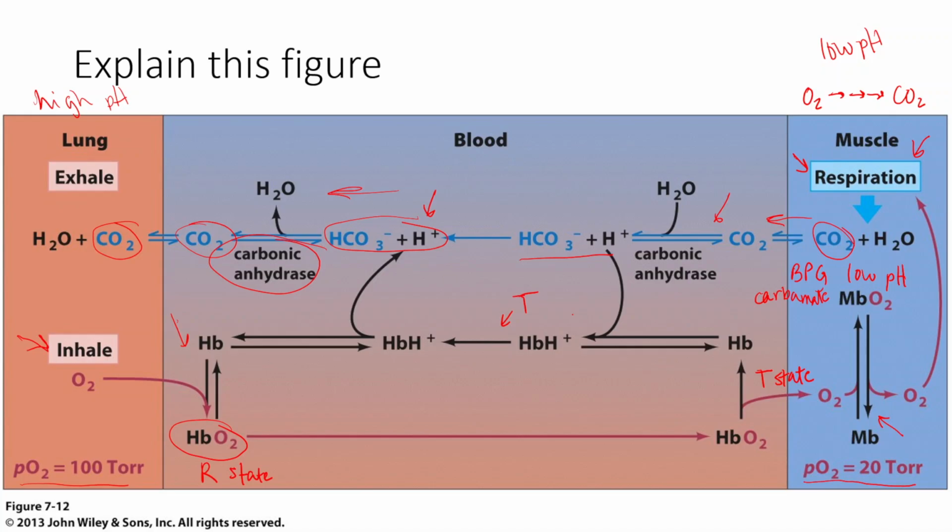That itself is helping to raise the pH, and we know that a higher pH will help to stabilize the R state of hemoglobin. We also know that when there's more oxygen, which you have in the lungs, hemoglobin will want to take up more oxygen. So ultimately, between all the different factors present there, hemoglobin starts to adopt the R state again.